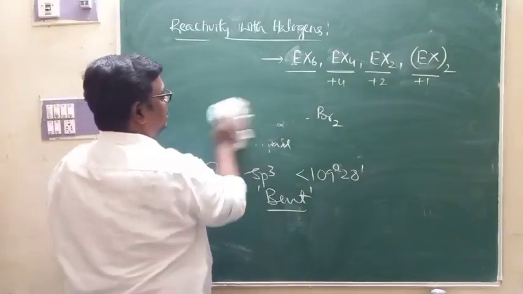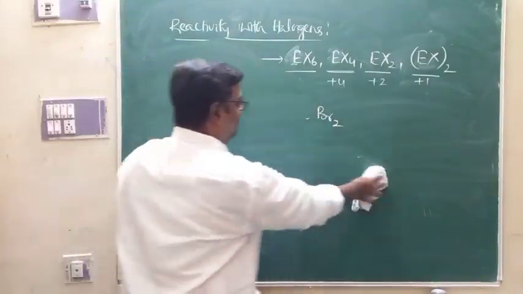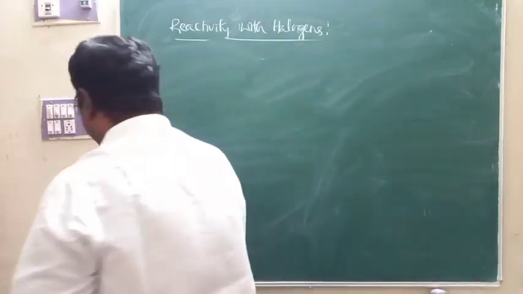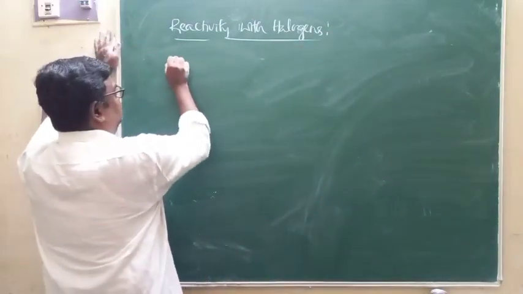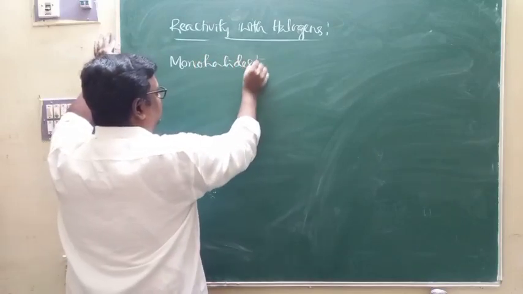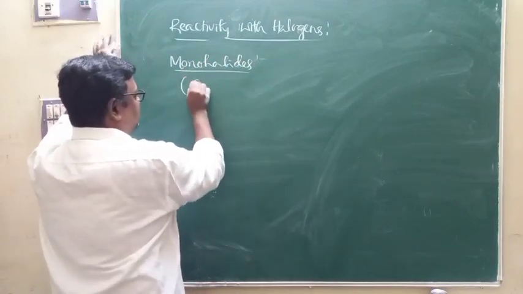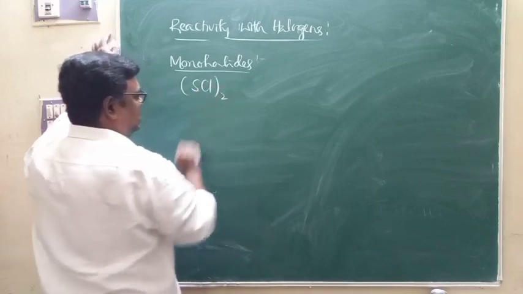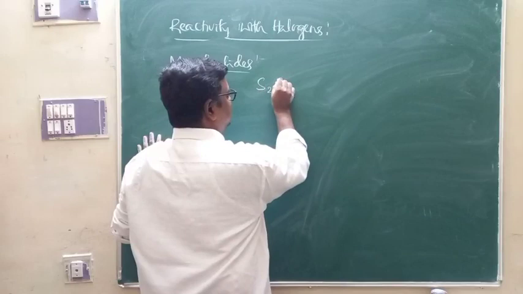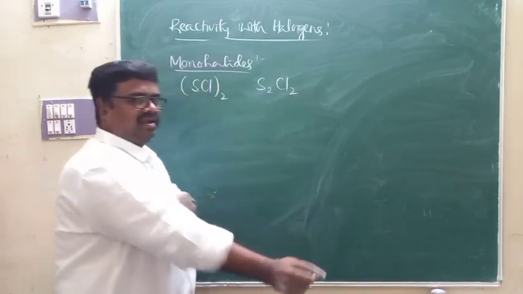Apart from that, we have monohalides. Monohalides will be in the form of dimers. Monohalides of group 16 elements will be in the form of dimers. That is, for example, S2Cl2, disulfur dichloride.